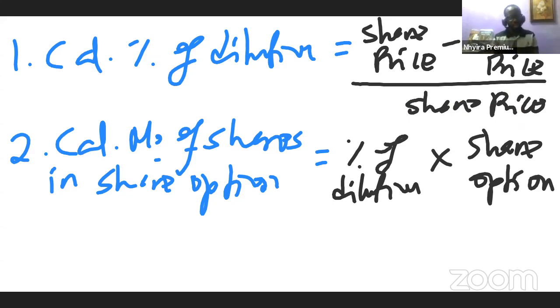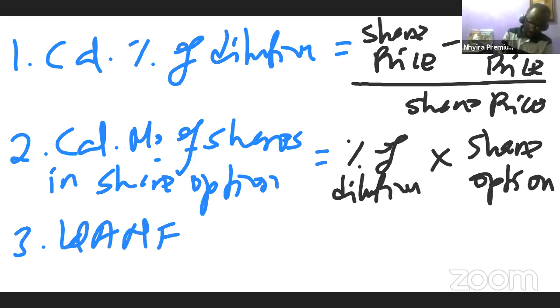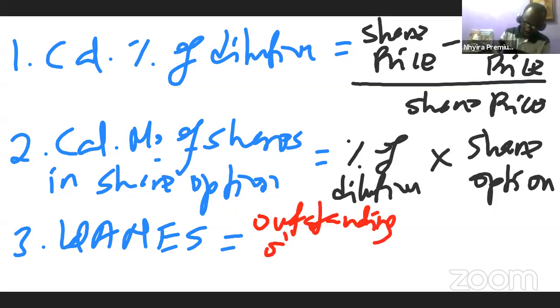And so once we have that, we can go to step 3 to calculate the weighted average number of equity shares. And that is going to be the outstanding shares plus the number of shares in the option from step 2.